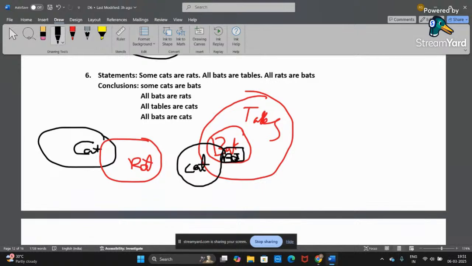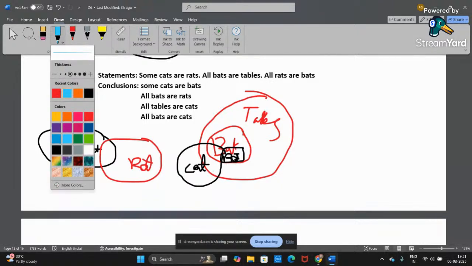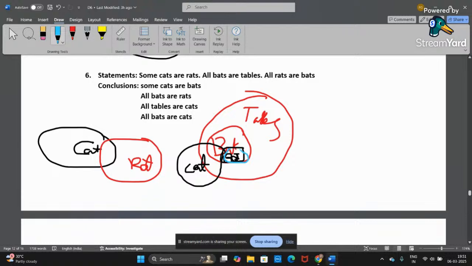So this is rat. Wait one minute. This blue color is rat. Rat. Don't get confused. This one is rat. Okay. Here let's see the conclusion. Some cats are bat.